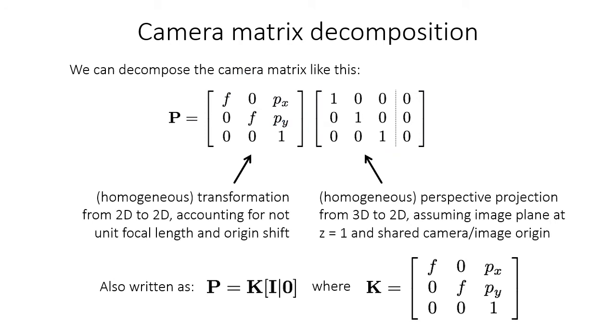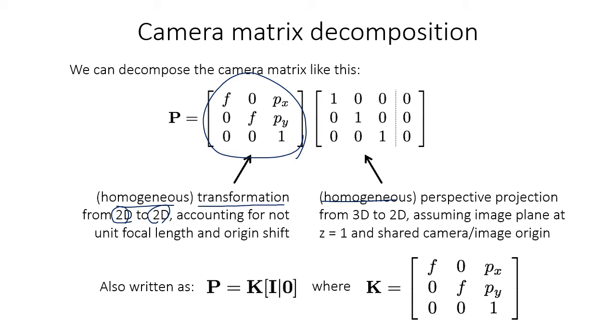So this is a very usual form when we explain the camera matrix. Both matrices are homogeneous, and this left matrix is a transformation from 2D to 2D, accounting for some arbitrary focal length and origin shift.